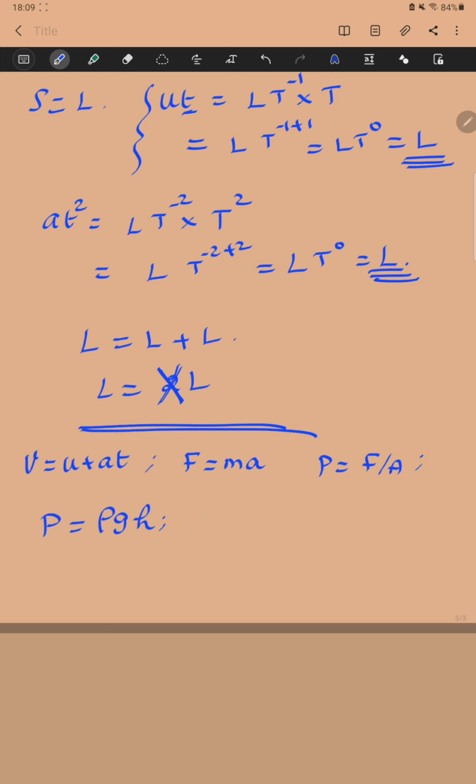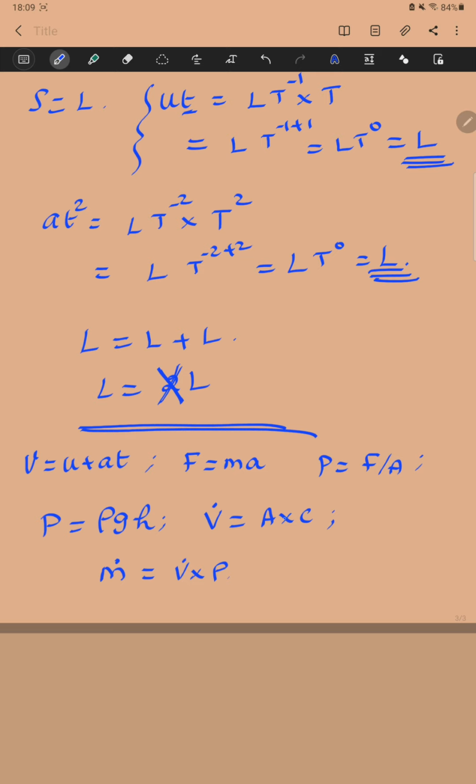What else? Volumetric flow rate, V dot equals, what is the formula? Area times velocity. C here is velocity. And mass flow rate, M dot equals, what is it? Volumetric flow rate times density.